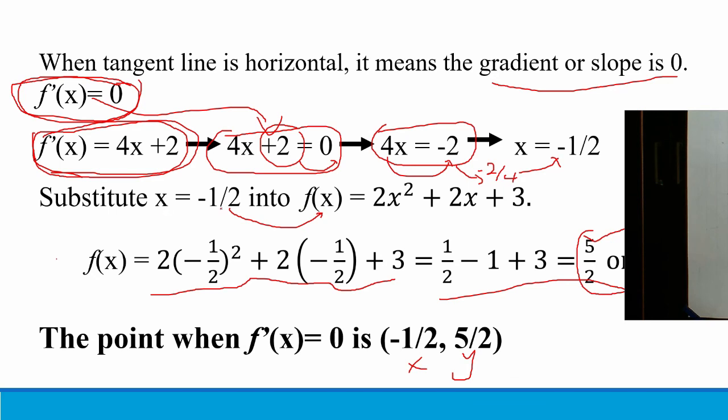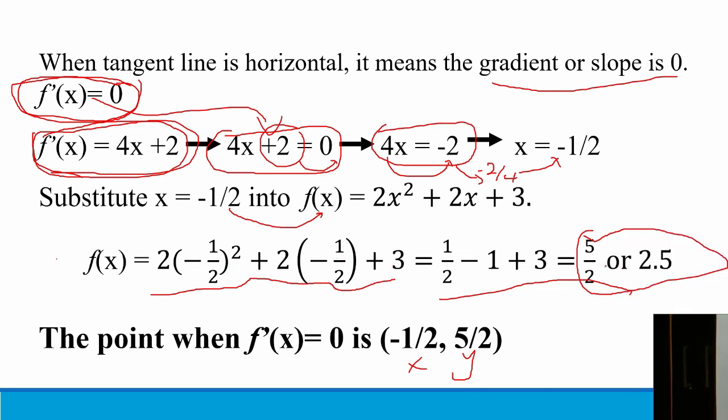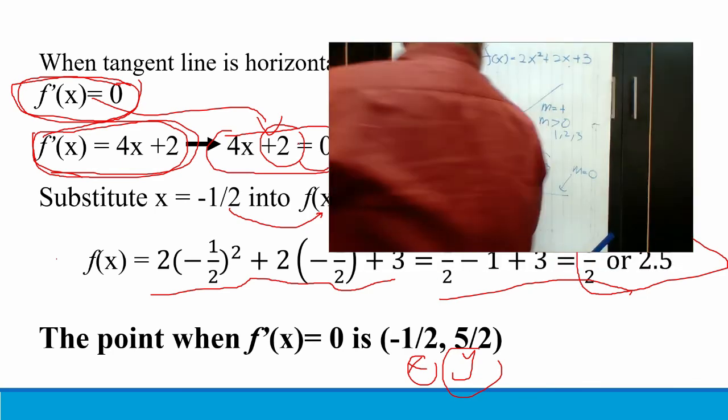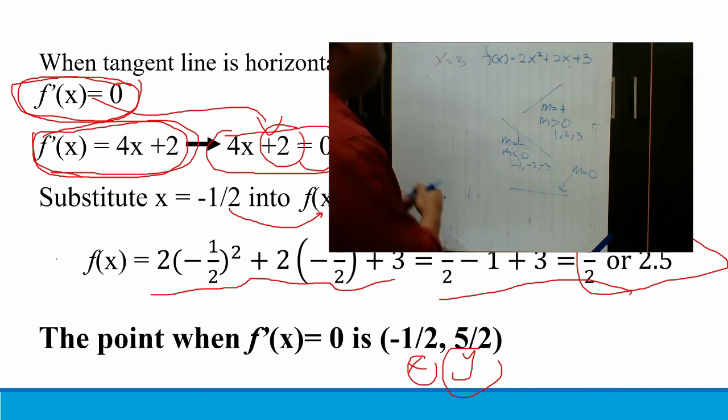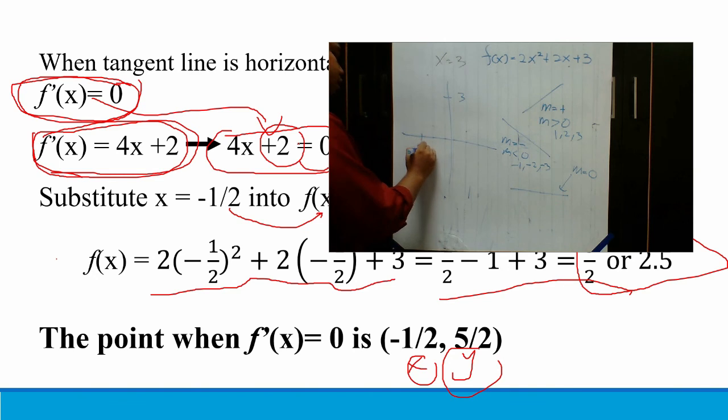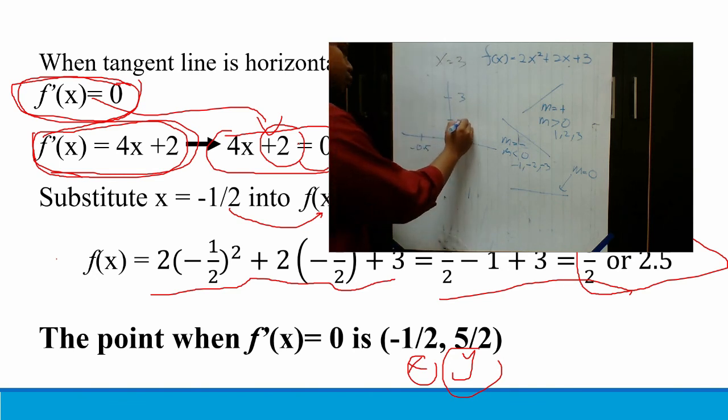And then you substitute x equal to negative half into f(x). And at the end, you get 5 over 2 or 2.5. This is the x and this is the y. If you sketch the graph, this is 3, this is negative 0.5, this is 2.5.